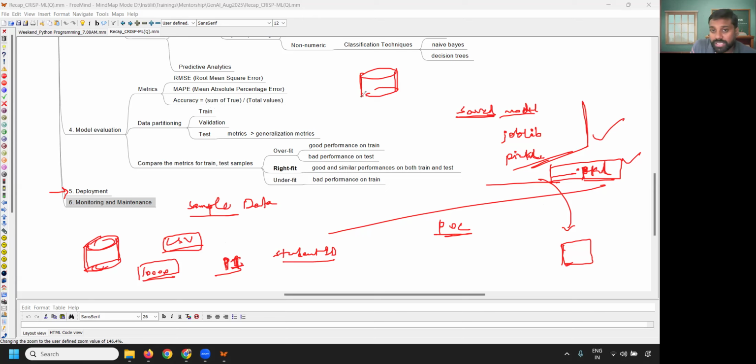Let's say this is the customer environment. Here I have only 10,000 records, but here maybe I have 100,000 records, the full data. This is only sample data, right? So whatever we did on these 10,000 records needs to be actually done here.